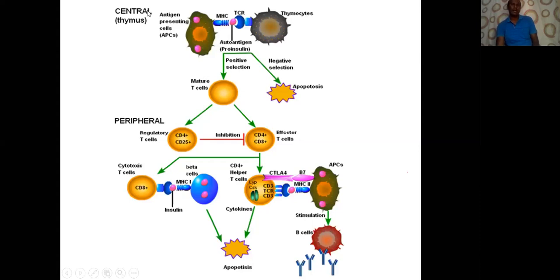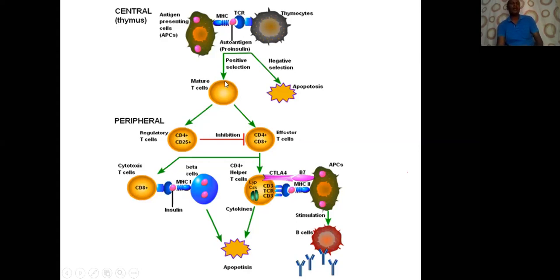This is central. Now in the thymus gland, the antigen presenting cell presented proinsulin as an antigen, then you have the mature T cells.